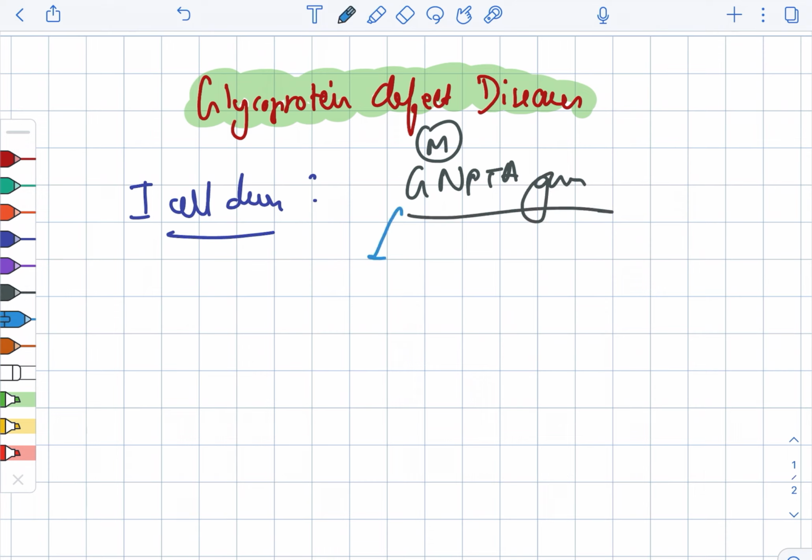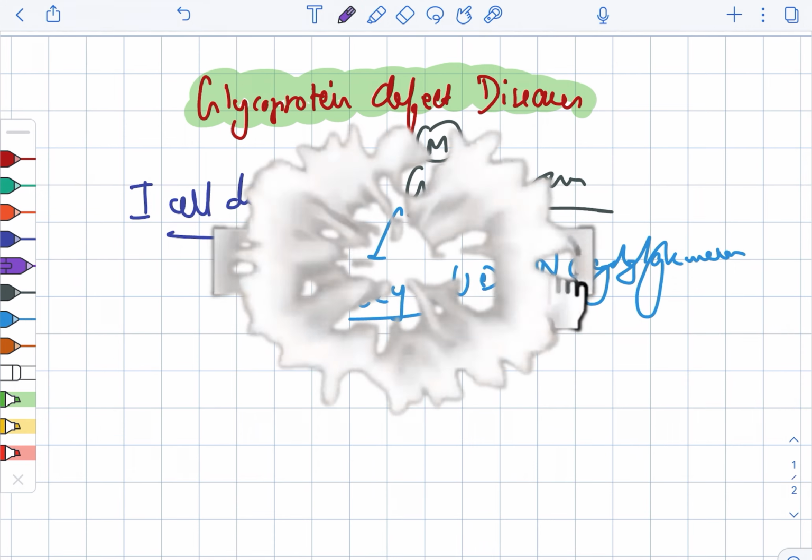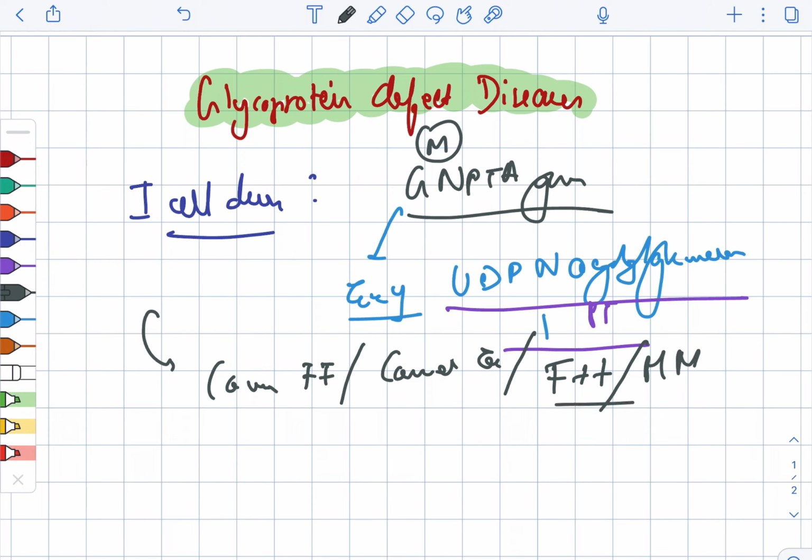It leads to deficiency of the enzyme UDP-N-acetylglucosamine-1-phosphotransferase. Looking at the characteristic features of I-cell disease, there are coarse facial features, corneal erosions, failure to thrive, and hepatomegaly.